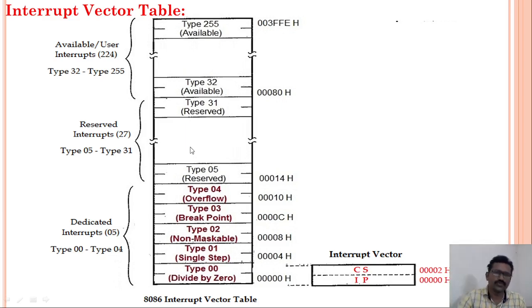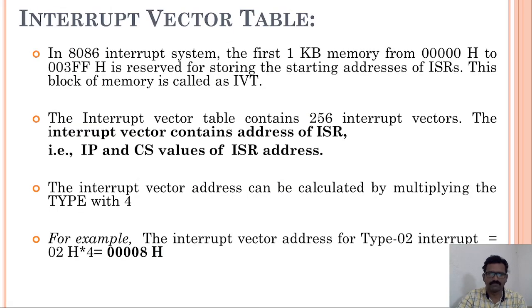These 256 interrupts, from 0 to 255, are divided into 3 types: dedicated, reserved, and available interrupts. In an 8086 system, the first 1 KB of memory, from 000H to 003FFH, is reserved for storing the starting address of ISRs. If we convert 1024 into hexadecimal, we get 003FFH. This block of memory is called the interrupt vector table.